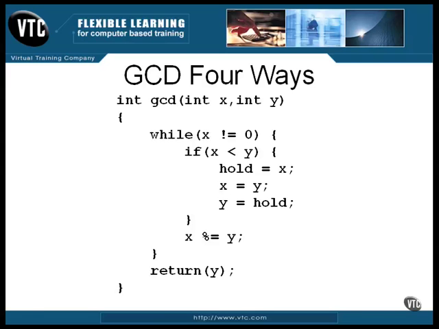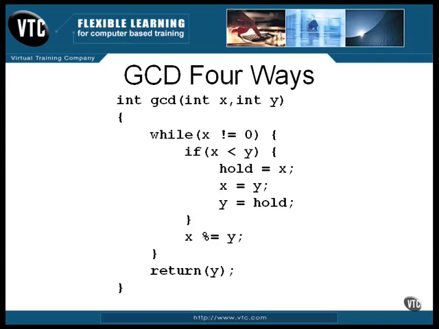Now it does so by looping as long as the value of x is not equal to 0. At the top of the loop, it tests the two integers to make sure that x is not smaller than y, and it swaps them if it needs to. Then x is divided by y, and the remainder of that division is used as the new value of x.